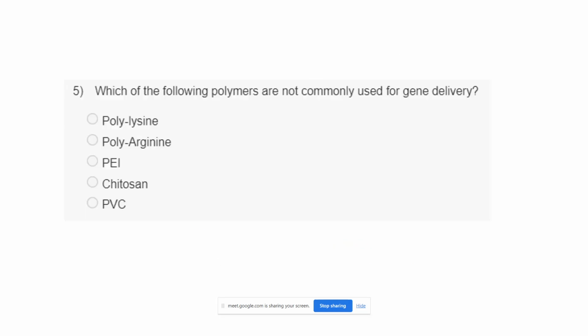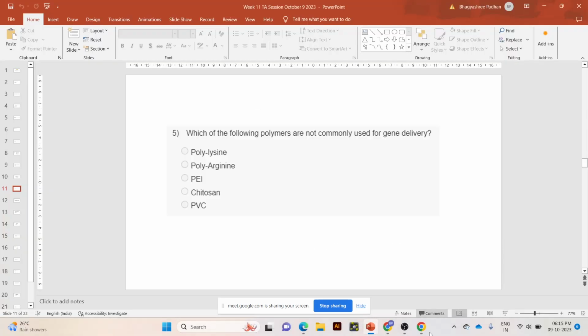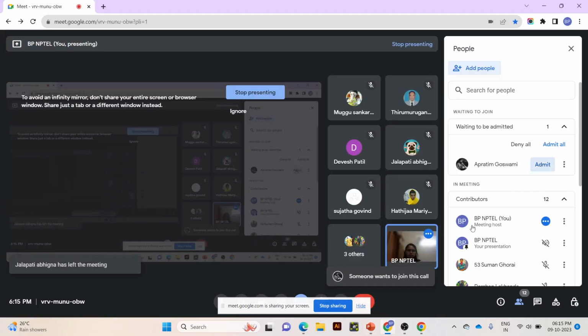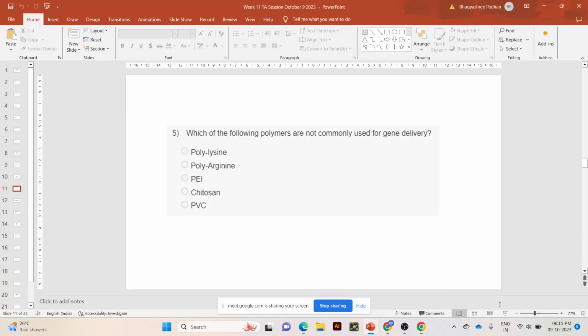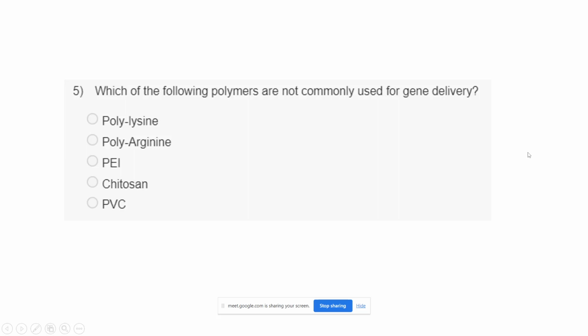Okay. So here is the next question. Which of the following polymers are not commonly used for gene delivery? Polylysine, polyarginine, PAI, chitosan, or PVC? PVC.